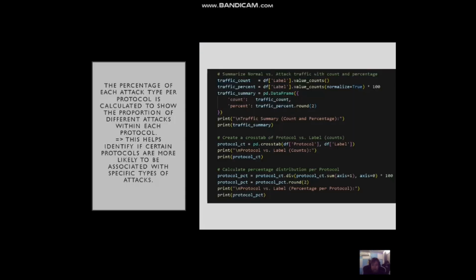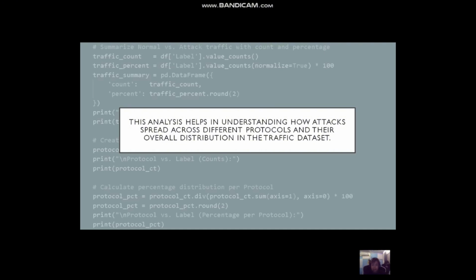For example, if we notice that DDoS attacks mostly use UDP, we could focus more on monitoring UDP traffic. This step helps us recognize the pattern in how attacks spread across the different protocols, which can be crucial for improving network security in real-world IoT systems.